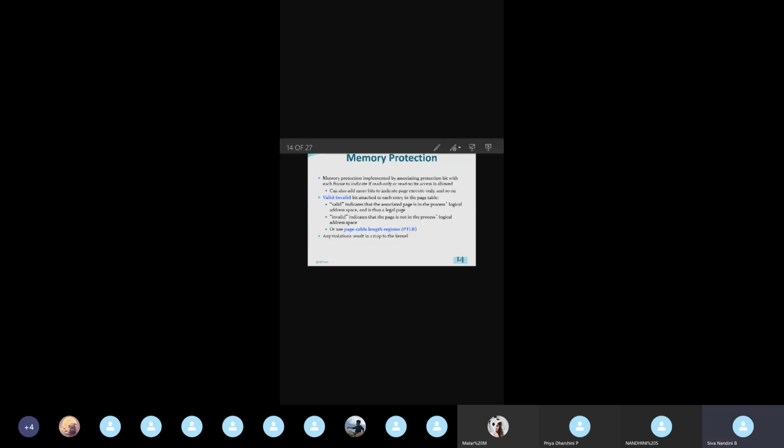So for this, we are having some memory protection. Memory protection means a particular process should access the memory of that process only. No other process can access it. For that, we are having a bit known as the valid or invalid bit. This valid or invalid bit is attached to each entry in the page table.